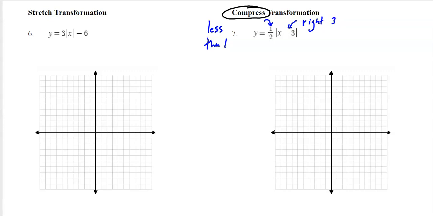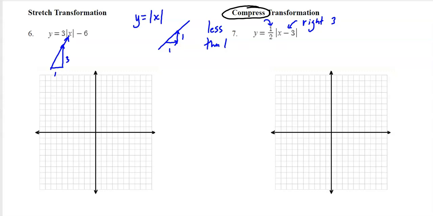We saw in the last example, normally when y equals absolute value of x, that means that you go over 1, up 1. That's kind of your pitch or your slope. Well, with this problem over here, we went over 1, up 3. So we were quite a bit steeper. That was our slope of 3.